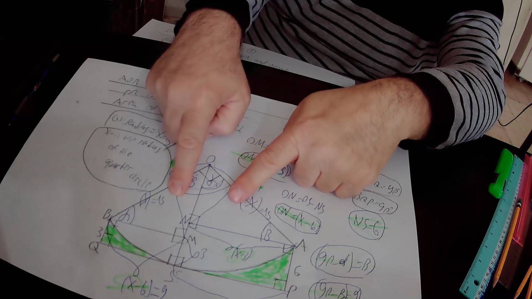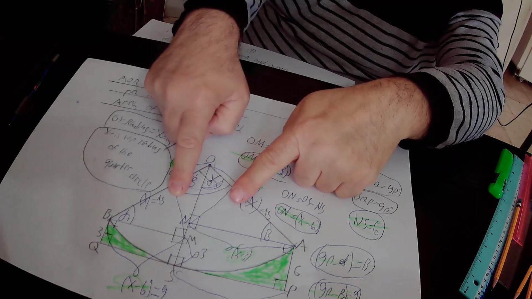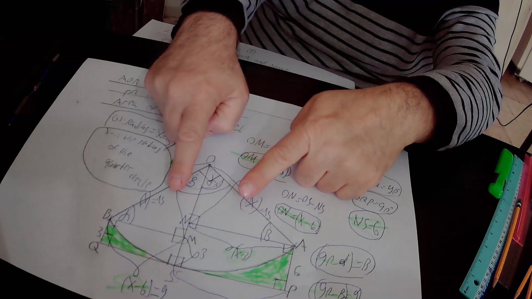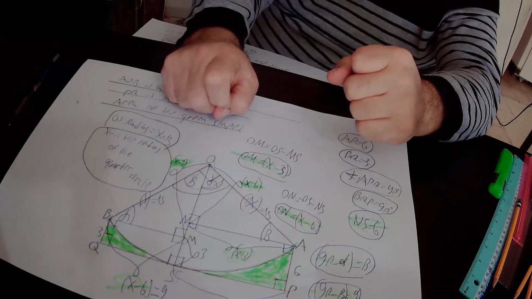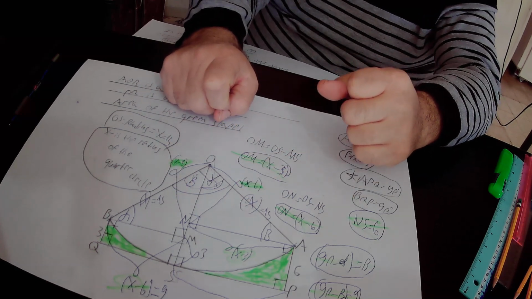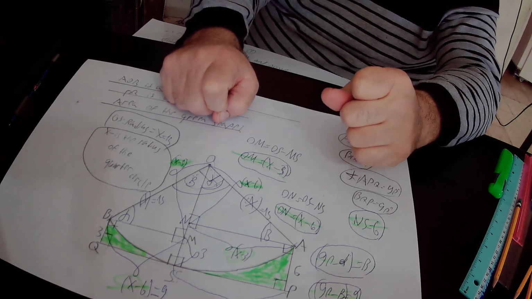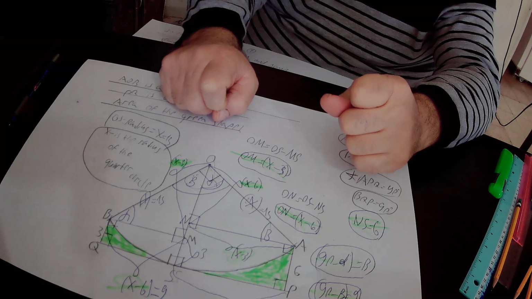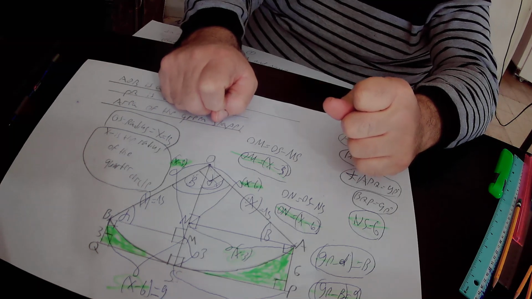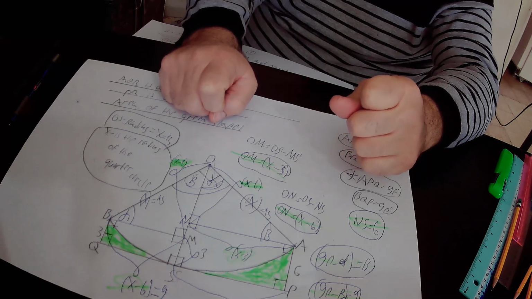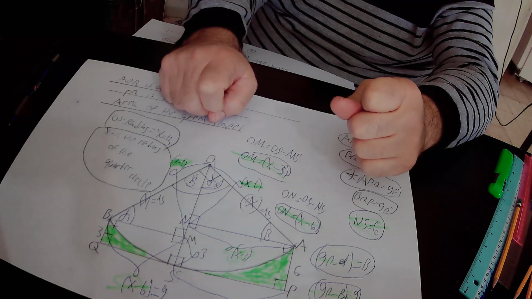So what is the angle side angle rule? The angle side angle rule says that if two angles and the side included between them in one triangle are correspondingly equal to two angles and the included side in a second triangle, then the two triangles can go into each other.